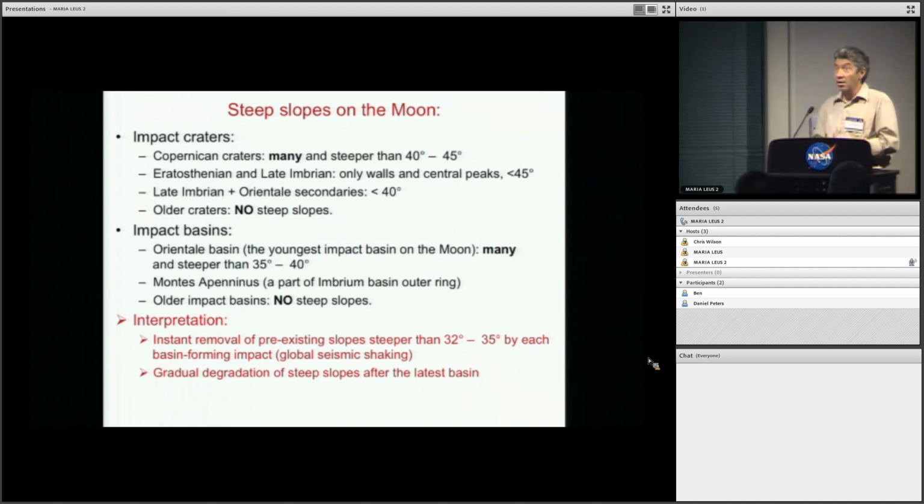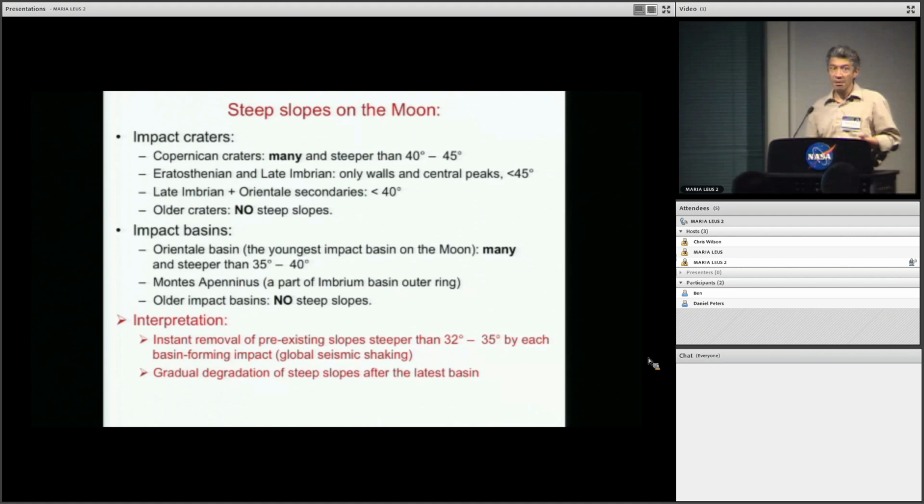This gives us useful tools to look at craters. For example, it is some independent measure of stratigraphic age of craters. If we see very steep slopes on a crater, we can suggest that it has young age, regardless of superposed crater counts and some other things.